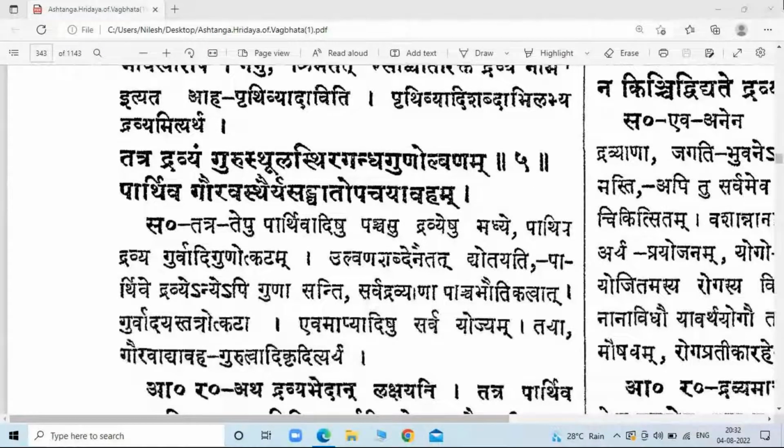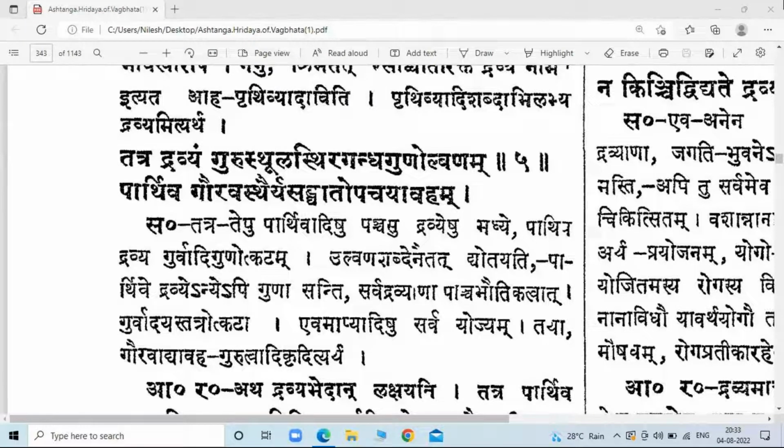When we consider remoteness, it is always relative, isn't it? Relative remoteness. Same is the case with proximity, the relative proximity.